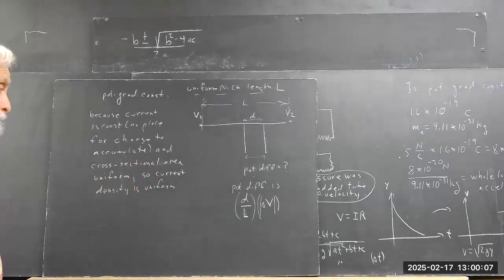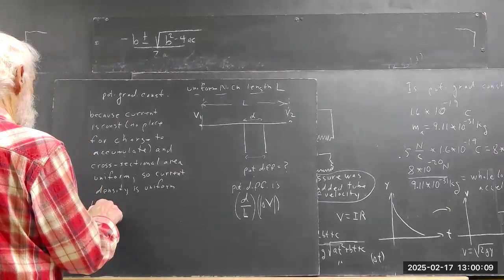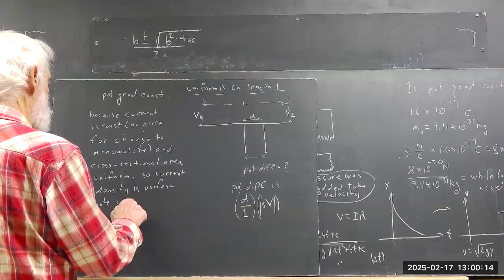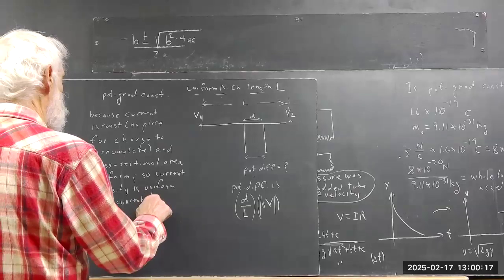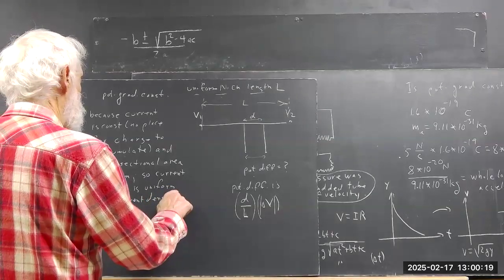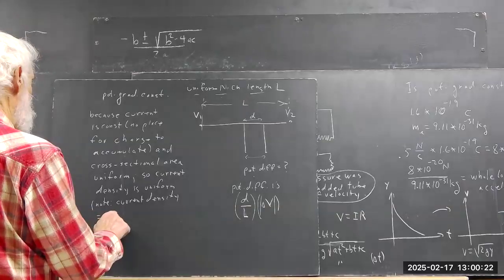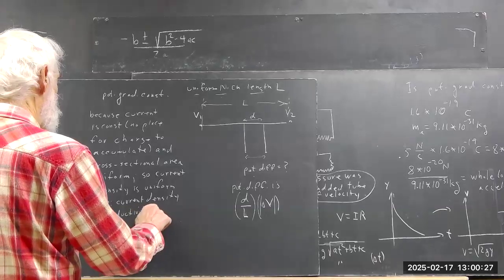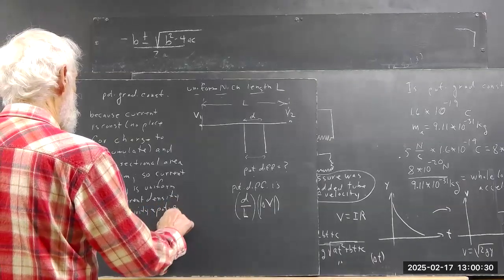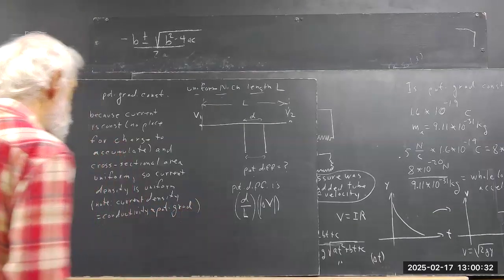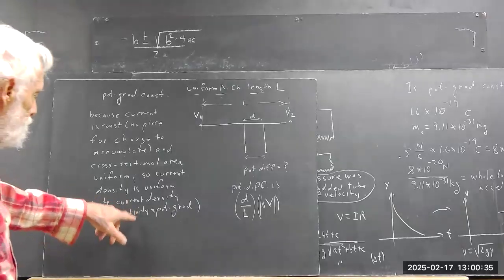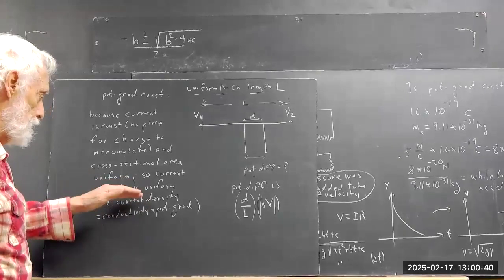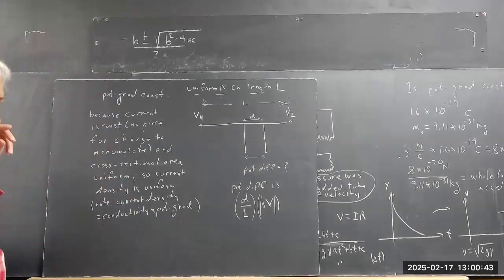Okay. Current density being product of conductivity times potential gradient. I'm just mentioning that it's not part of this argument at this point.